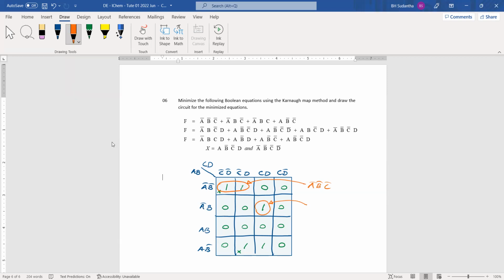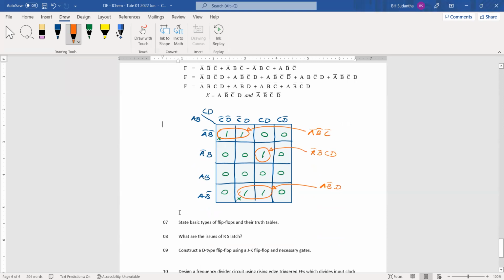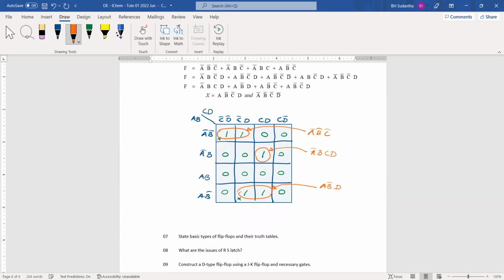Then because of that, we have to take this one as it is, A bar B, C, D. So this is A B bar, D. And finally, this is the answer.